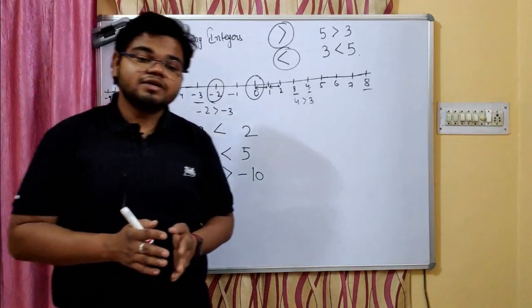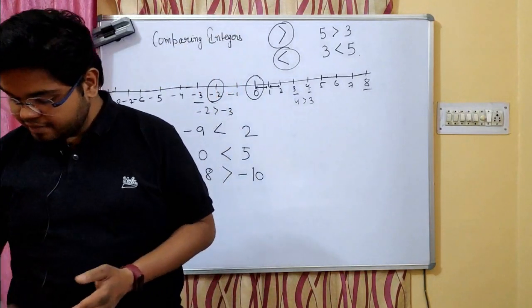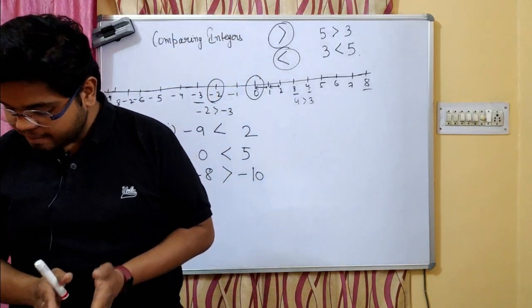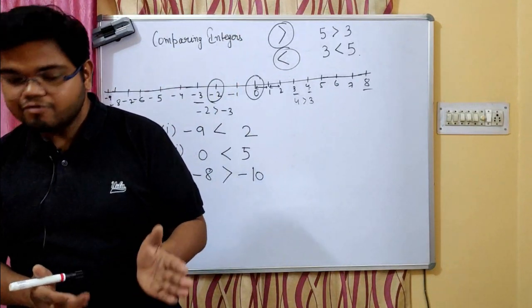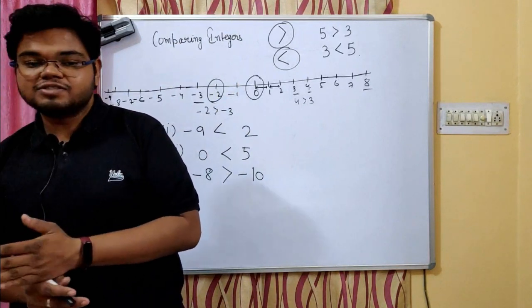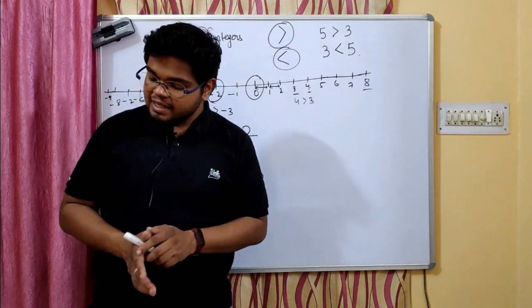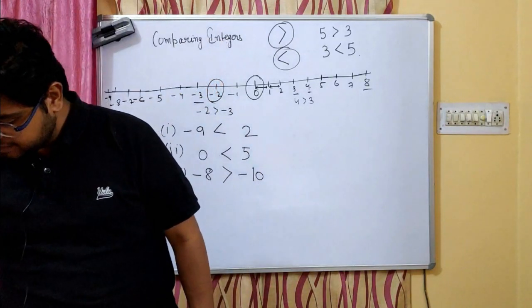Ascending order is smaller to larger. So firstly it will be -8, then -3, then 0, then 3, and then 7. As you can see, as we are moving towards the right, the number is increasing.